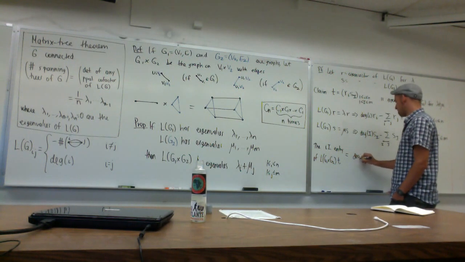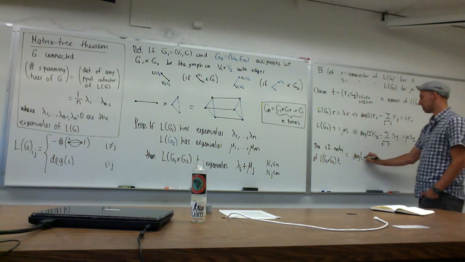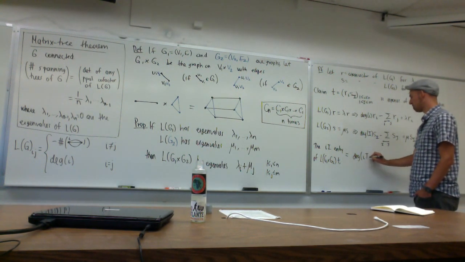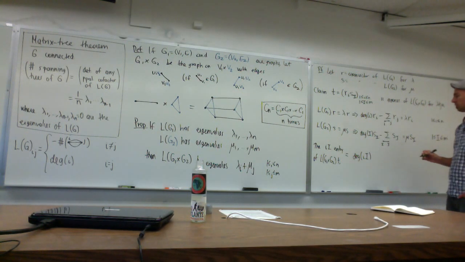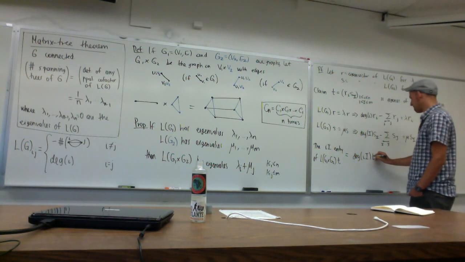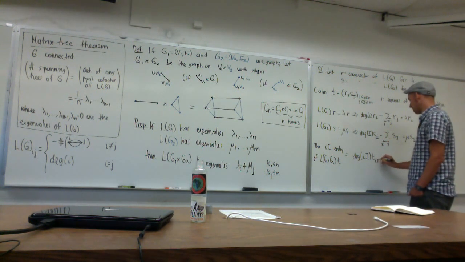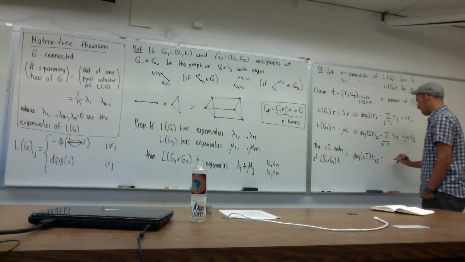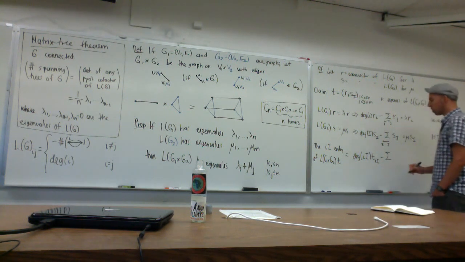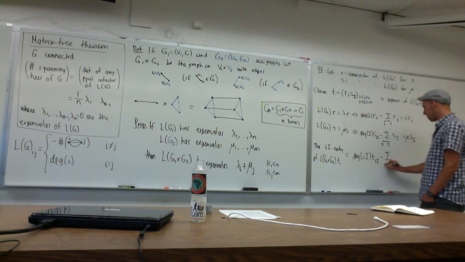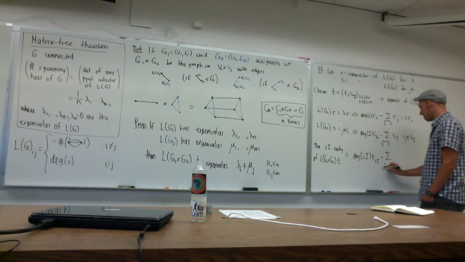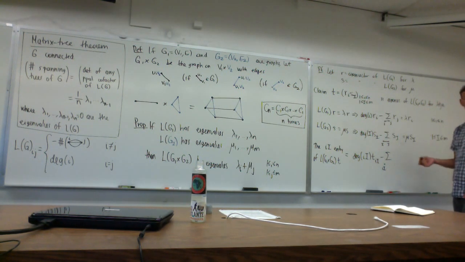So what do I get? I get the degree of the vertex I comma I in the product graph times T sub I minus summing over the neighbors of this vertex. Okay. Now, what are the neighbors of this vertex? Well, there's two kinds of neighbors. There's black neighbors and there's blue neighbors.